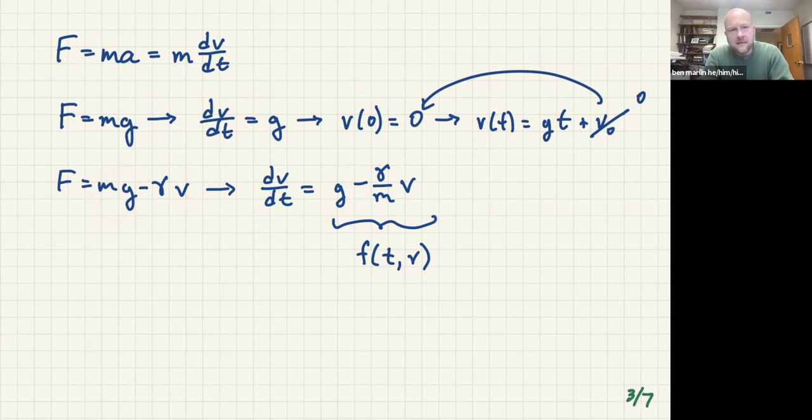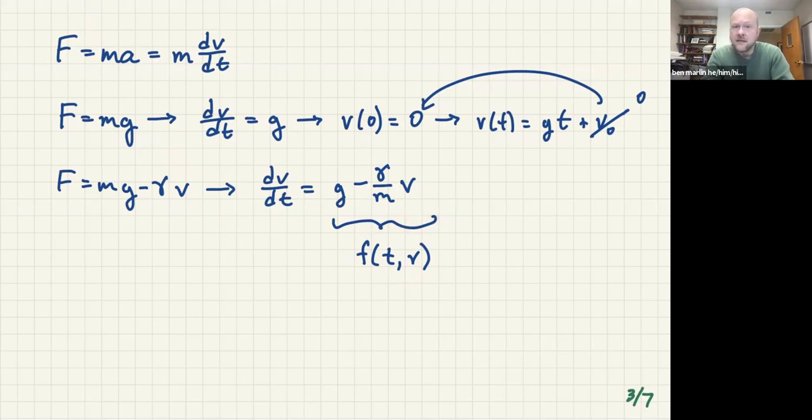There's some, we often use a gamma to represent it, but it could be whatever, some gamma times the velocity that is going in the opposite direction of the velocity. So that's air resistance.